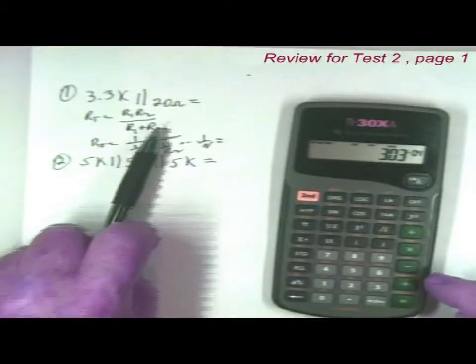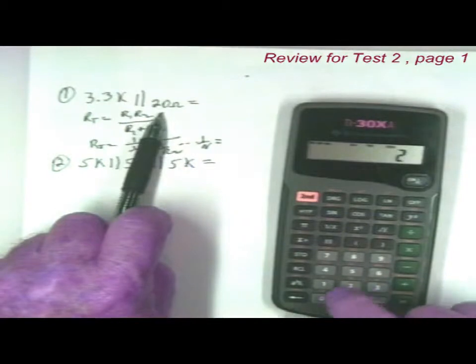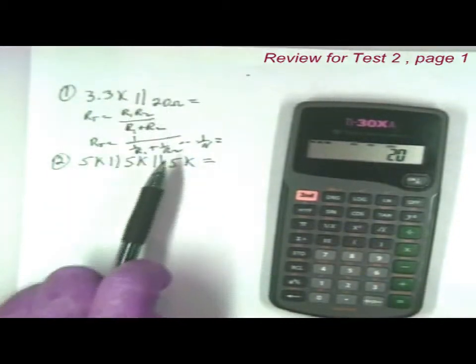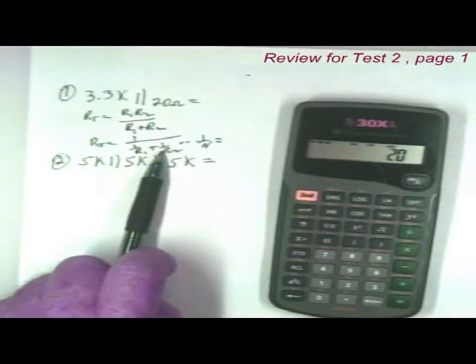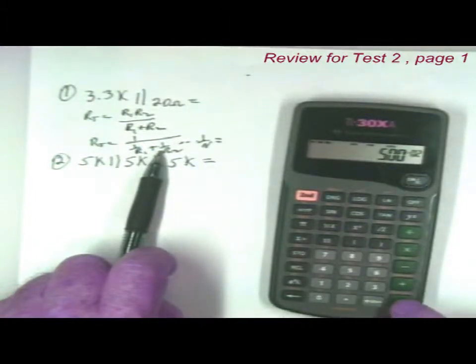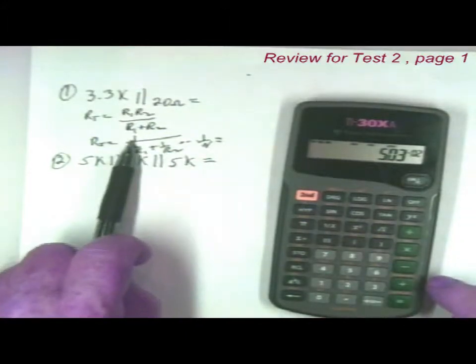And now we have 20 is all we have. We don't have any k ohms there, it's just 20. But we still have to put in the reciprocal because it's 1 over 20. So we've got the 20 in, now we hit the reciprocal. And then we hit equal. And then we hit the reciprocal because the whole thing is going into 1.